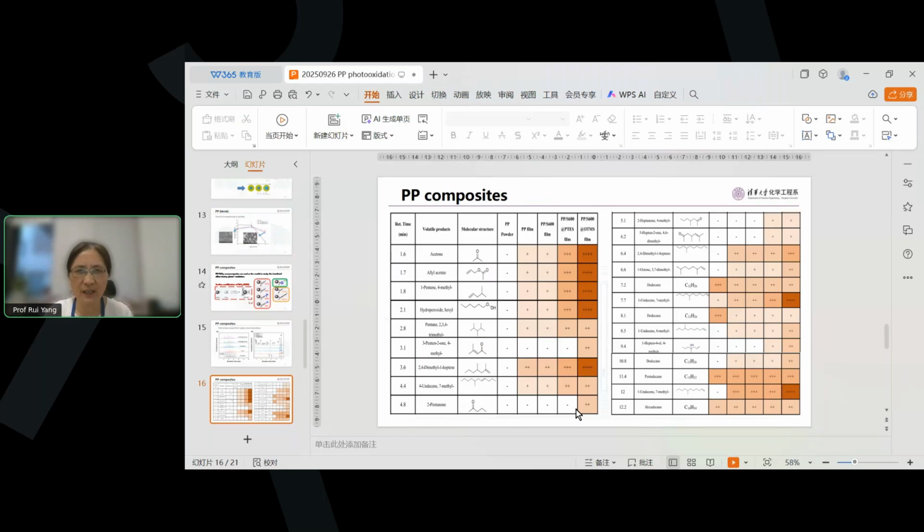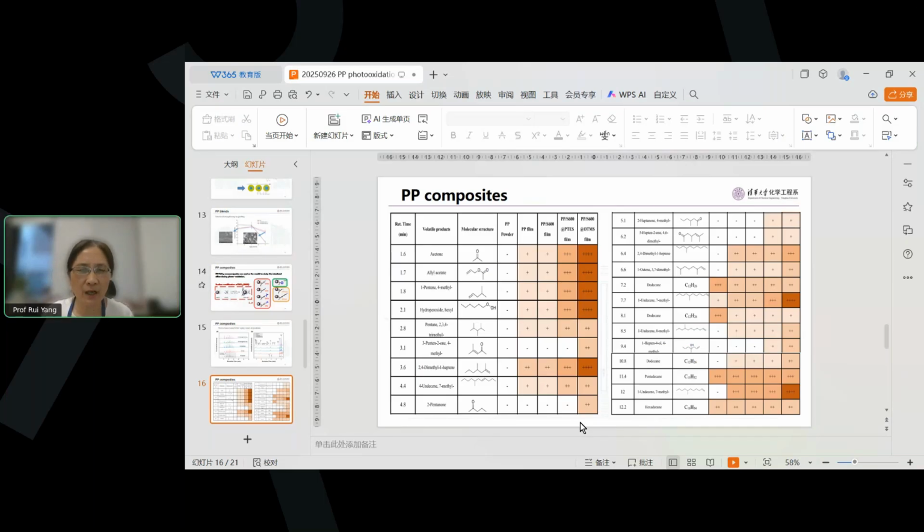We did the mass identification of this kind of products, and we can find that in addition to PP segments, we also find some oxidation products of PP. That means during thermal processing, not only chain scission happened, but also the thermal oxidation of PP happened.